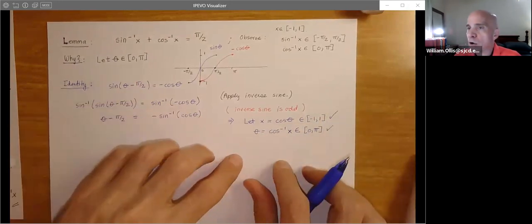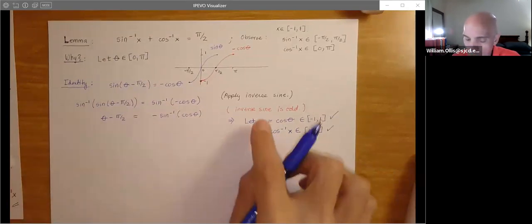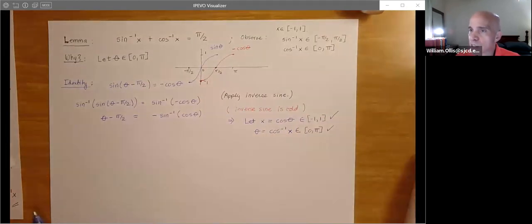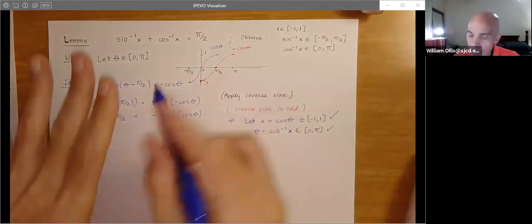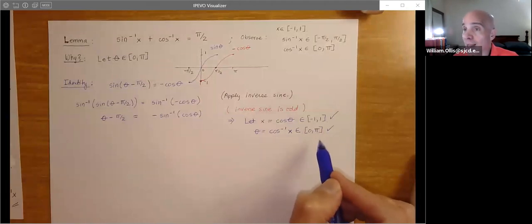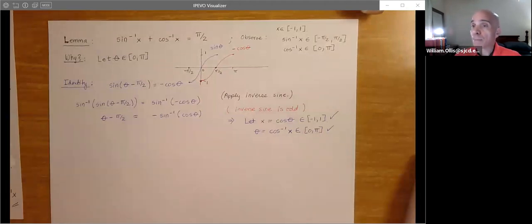So this is what I'm talking about, ladies and gentlemen. When we work with inverse trig functions, we must respect the ranges and domains. And if we get to a point in the argument where one of them may be violated, then we have to stop, because then we're writing down nonsense. So this is the key, and this is why I'm bothering to do this.